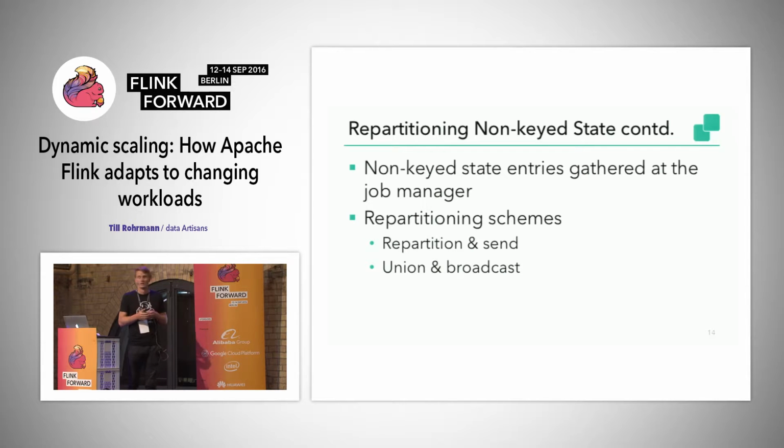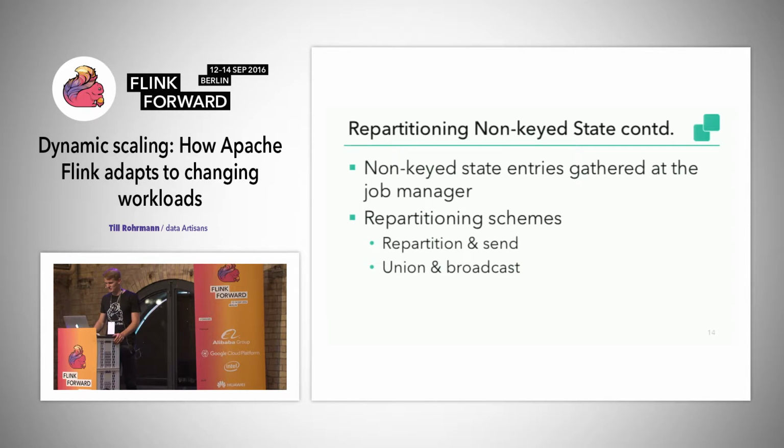Either you split the set of state units up into as many groups as you have subtasks for an operator, or you could also think about collecting all of them and broadcasting the union non-keyed state to all new instances, so that the instances themselves can pick what they need from the state. Both are conceivable, but we've implemented in the first version the repartition and send scheme.